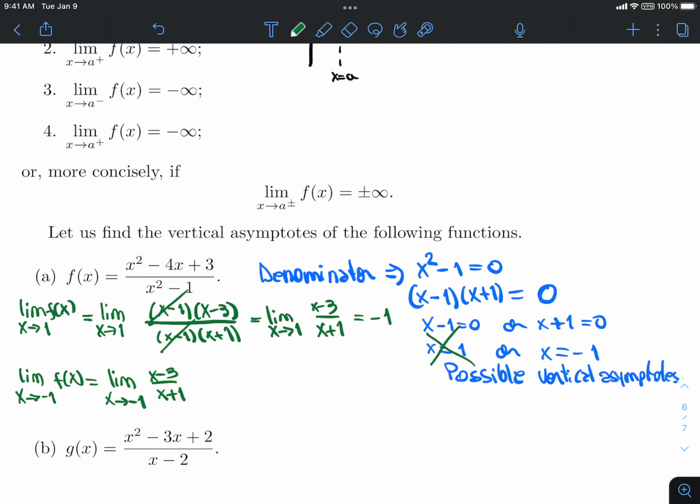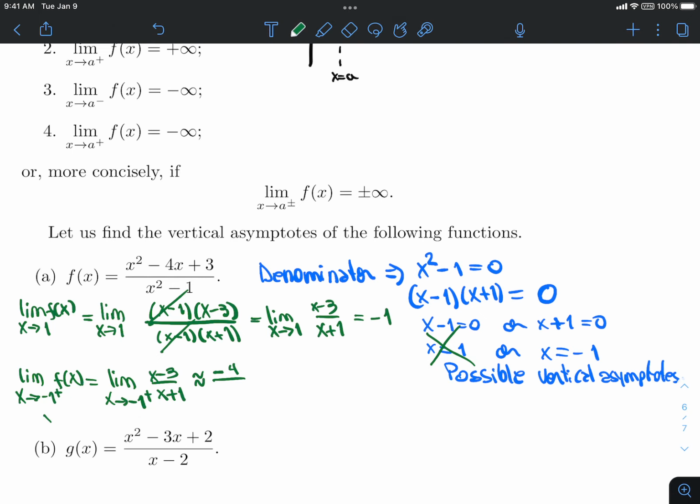So if, for example, I decide to do it from the right, let's say, I'll have the top being about a minus 1 minus 3, so about a minus 4, and the bottom being something bigger than minus 1.